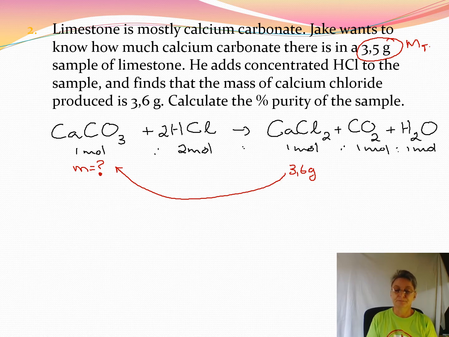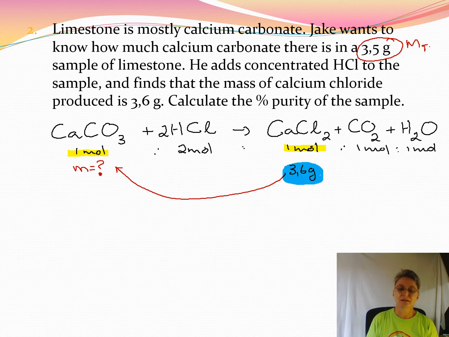Now, if I can take you back to grade 10, which is not easy, we need to work with the mole ratio. So 1 mole calcium carbonate gives us 1 mole calcium chloride. So this mass must be converted into moles.